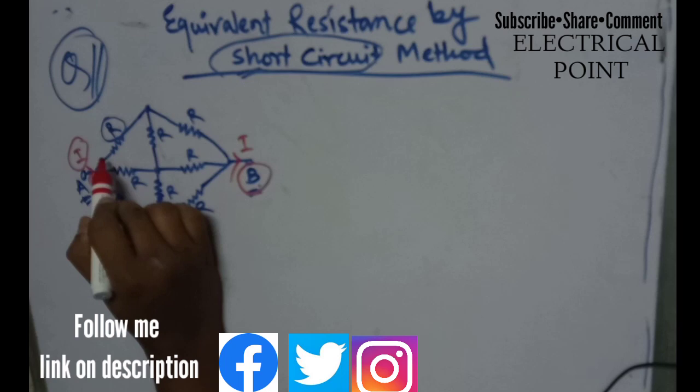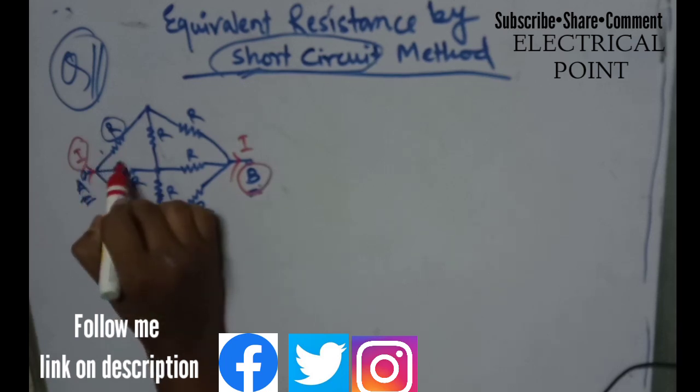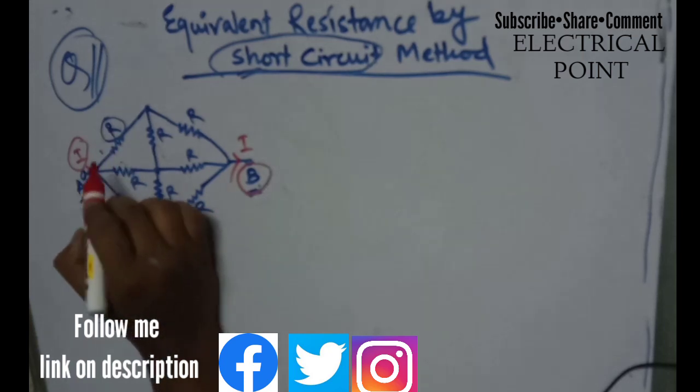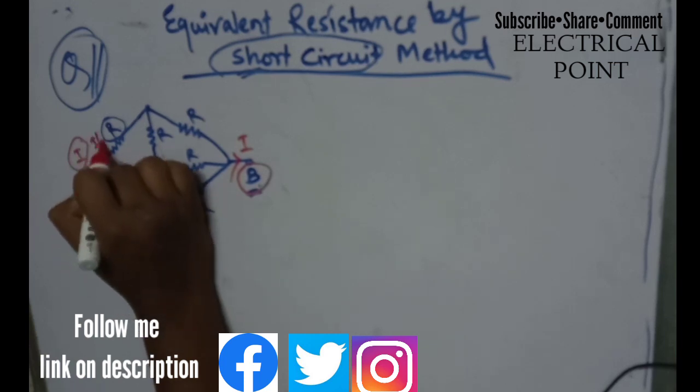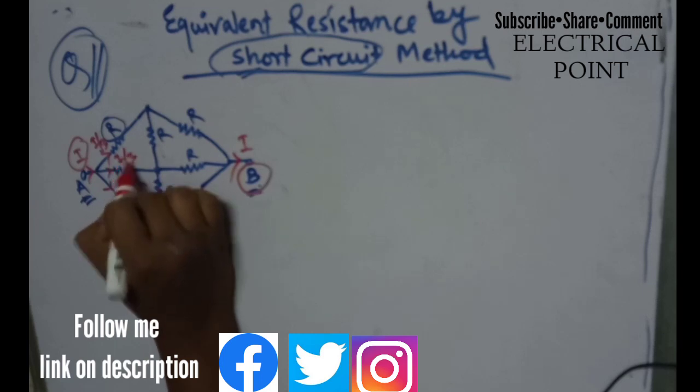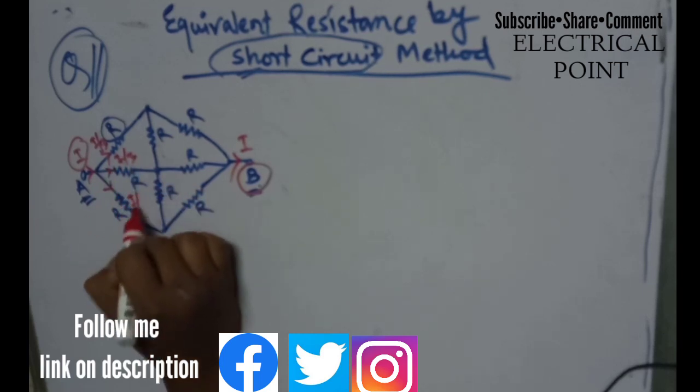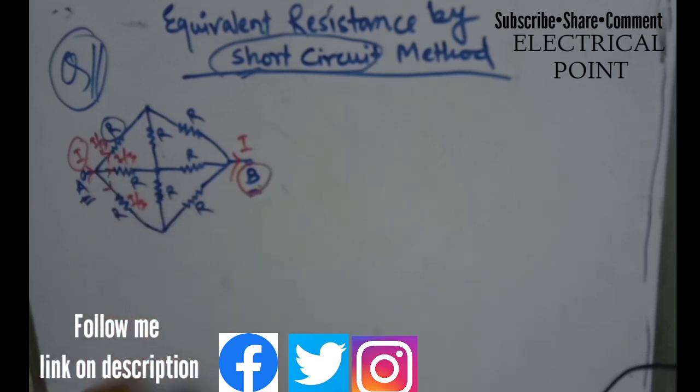This is the first path, this is the second, and this is the third path, and all three paths have the same resistance. So the same current will flow through these three paths, divided as I by 3 because all the resistances have the same value. So I by 3 current will flow through these three branches.